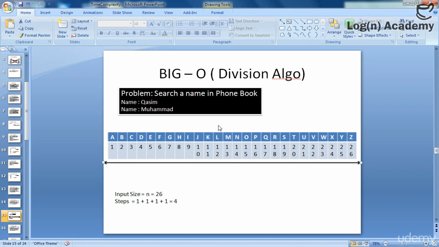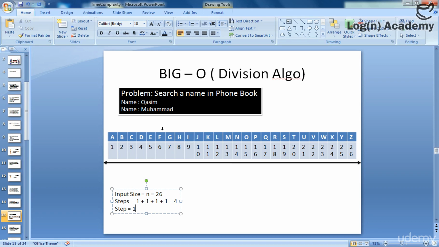We divide our list into two halves, and this is the middle element. Now we check whether the middle element has the same letter that we are searching for, and yes, it does. How many steps did we do? Just one step. So this is the best case. We will see what the best case and the worst case are.